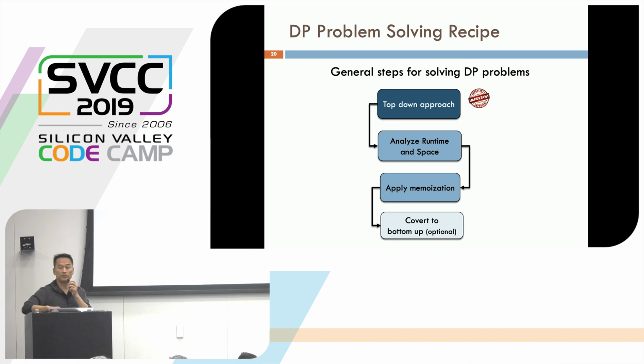You might run out of stack. So by doing bottom-up using for loop iteration, you don't have that kind of problem. If the depth of your tree is huge, that's when you use bottom-up. All right, so these are the general steps, and I'm going to focus a lot on the top-down approach part of it.